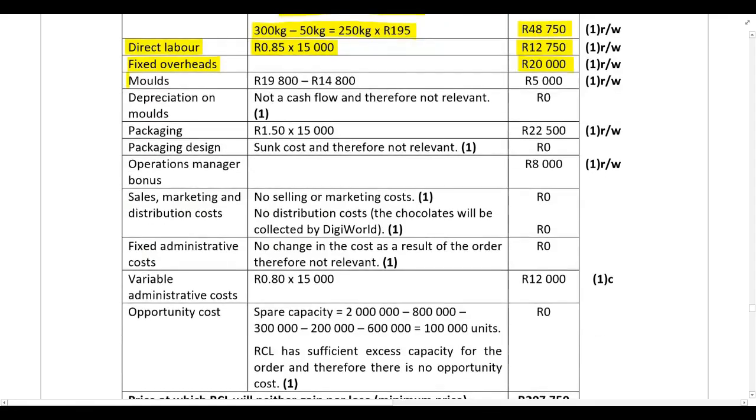All right, so for the molds, the relevant cost is 5,000 Rand. The net effect of what the molds are going to cost them and what they'll be able to sell them for after the order is complete. And then note, don't just leave the depreciation out, but the depreciation is not a cash flow and it is therefore not relevant. Make sure that you clearly show that.